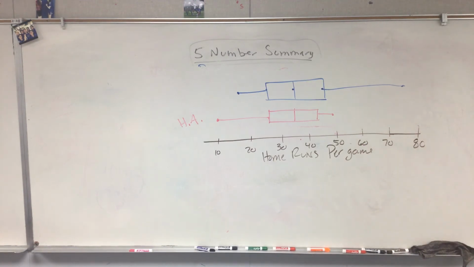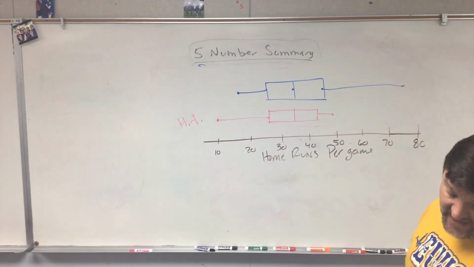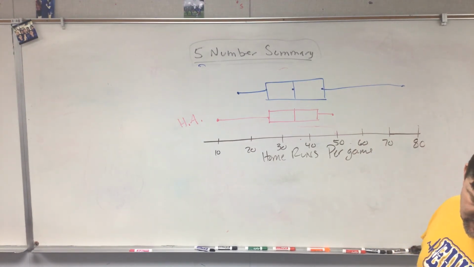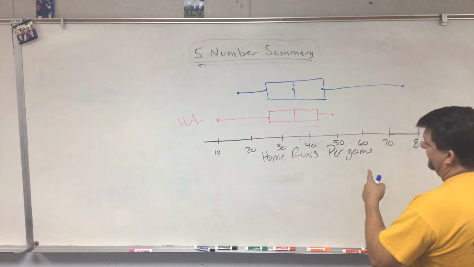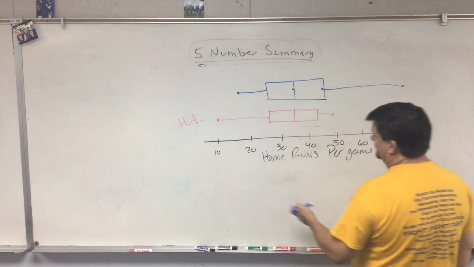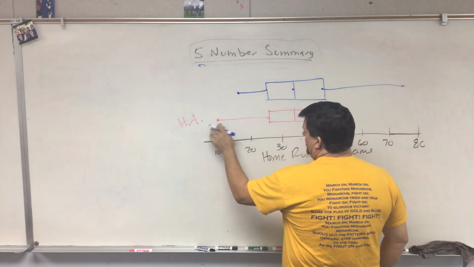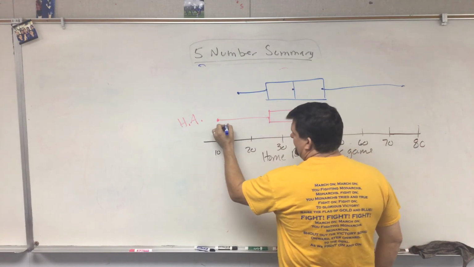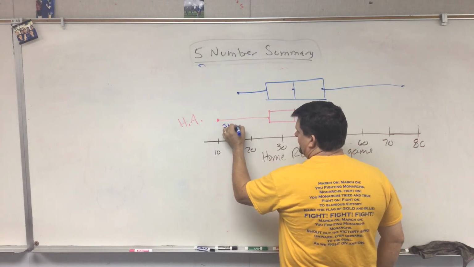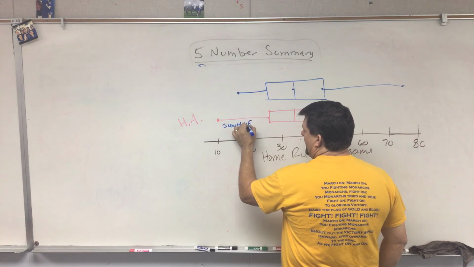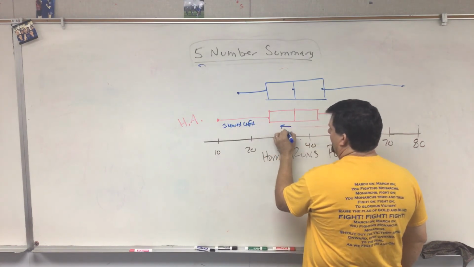So, the question is, on average, explain who hit the higher number of home runs. So, on average, remember, average is like with X bar, we have a skewed to the left, so this one's skewed left. So that means X bar went this way.